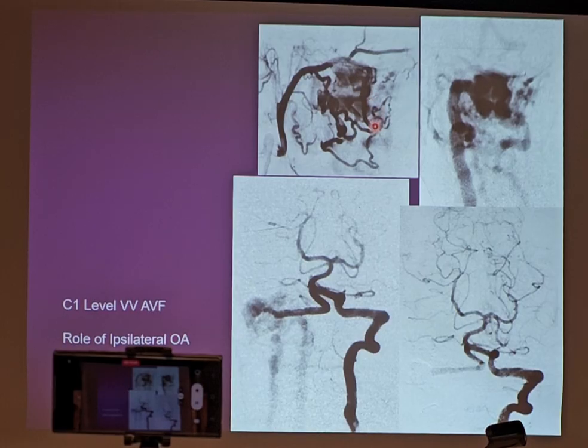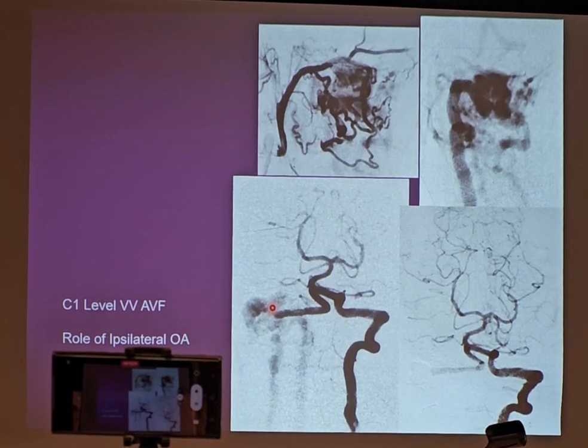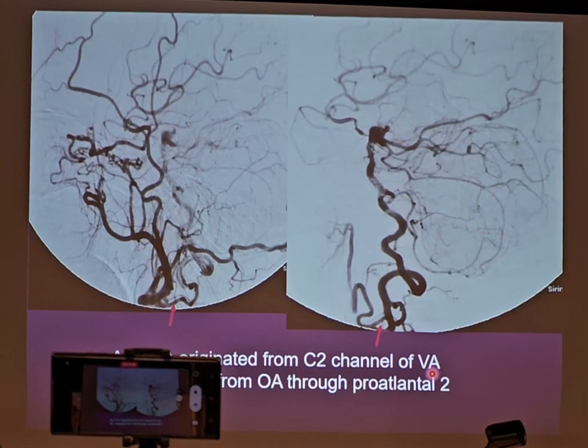By doing the injection of all the possibilities of this connection of the high flow lesion, to see all the connections at two levels, it makes you better see where the real fistula is and how to close the fistula completely.